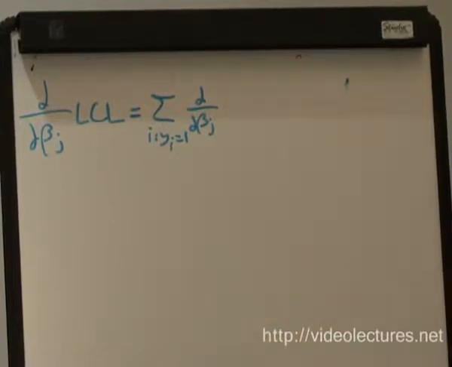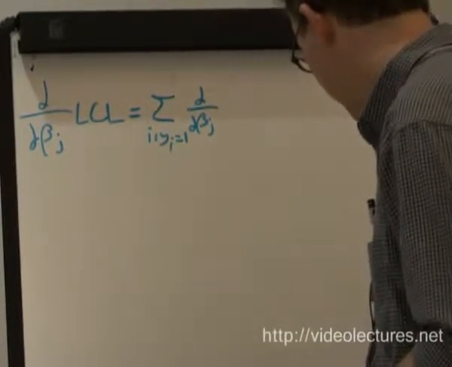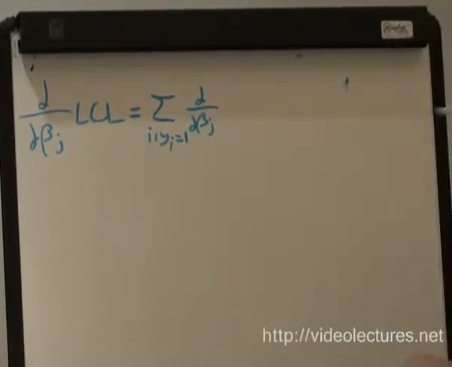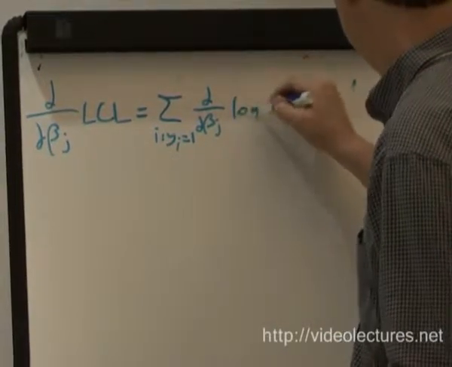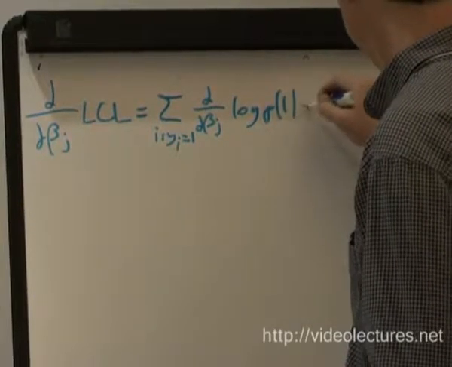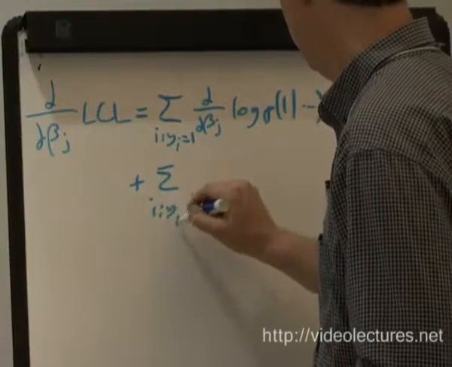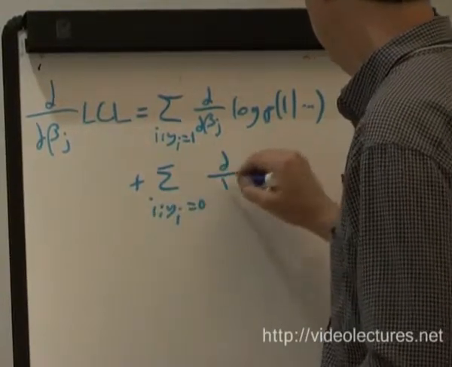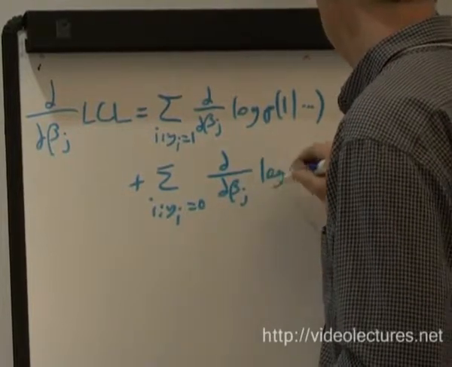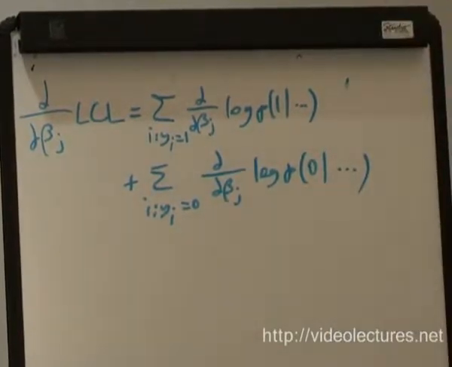The likelihood would be the product of the probabilities. And the log likelihood is the sum of the log probabilities. So I need to put in these logs. Log p of 1 plus sum of all i such that yi equals 0, d by d beta j of log probability of 0, and then same as before.